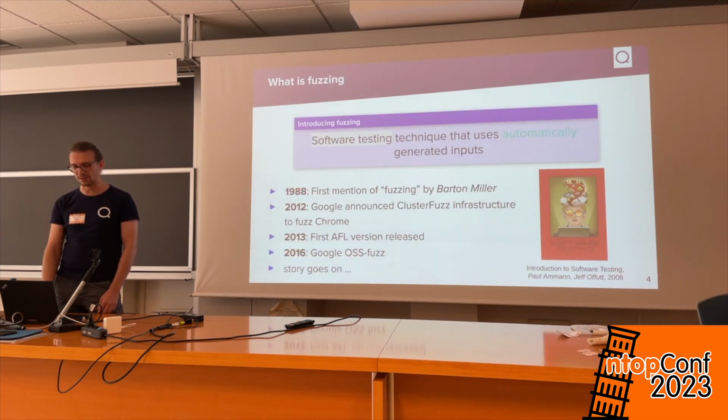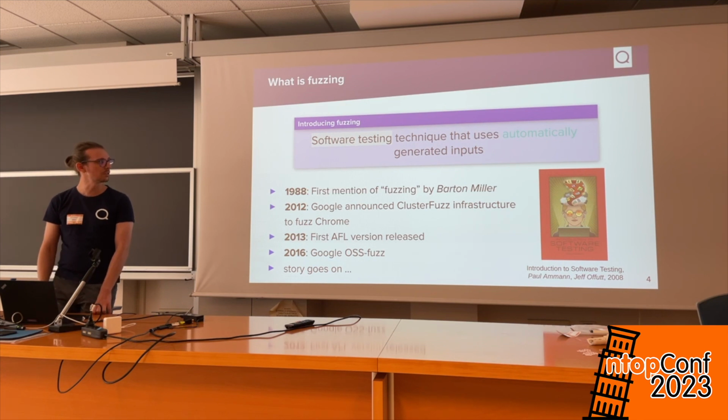So this is where fuzzing really came into place. It's basically a technique to automatically test software by automatically generating test inputs. And there are various strategies to generate them. It's a concept that came out quite recently.